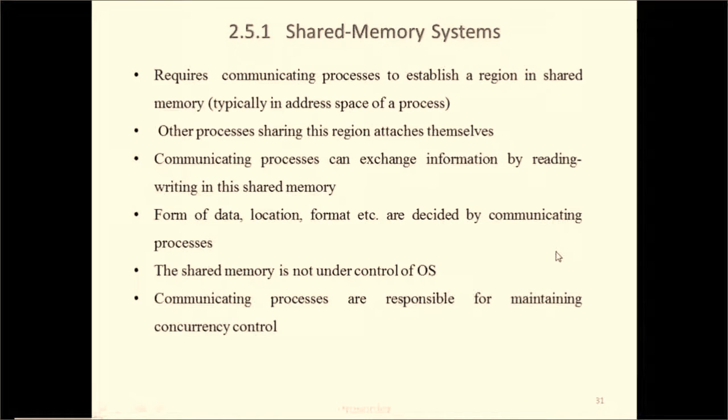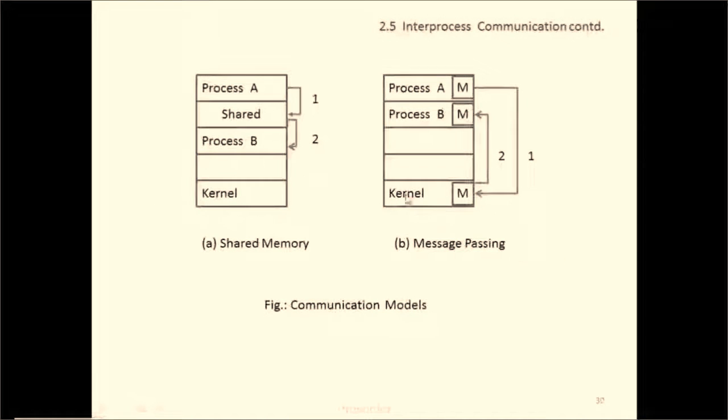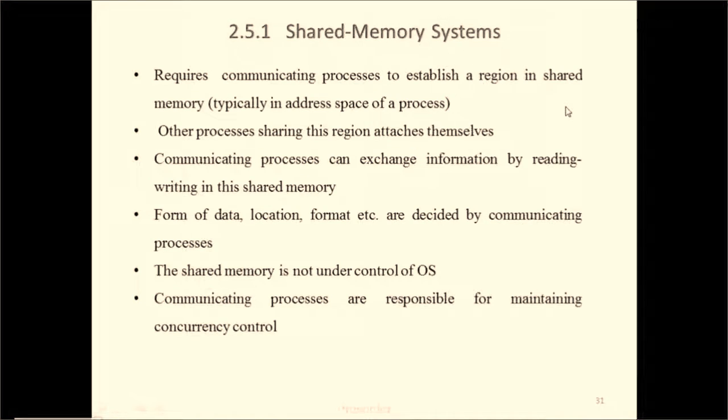Let's move on. Shared memory systems. Recall this diagram. If necessary, draw it on a piece of paper. Shared memory systems require communicating processes to establish a region in shared memory, typically in the address space of a process.